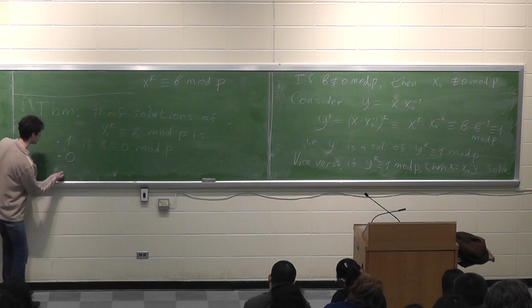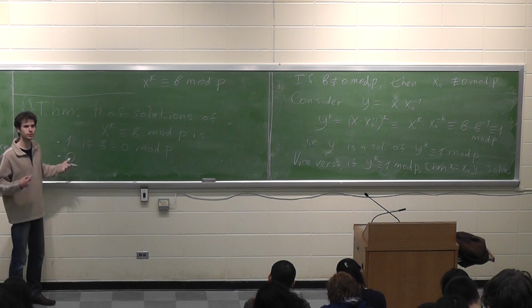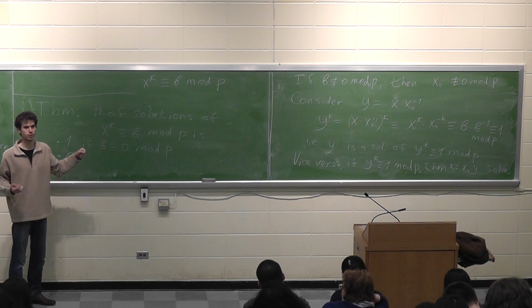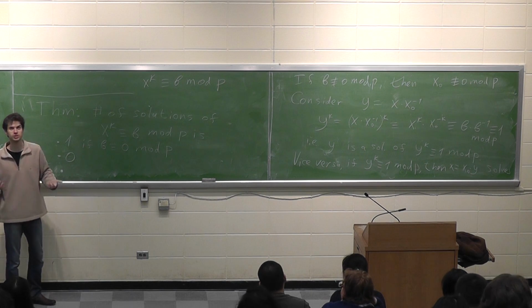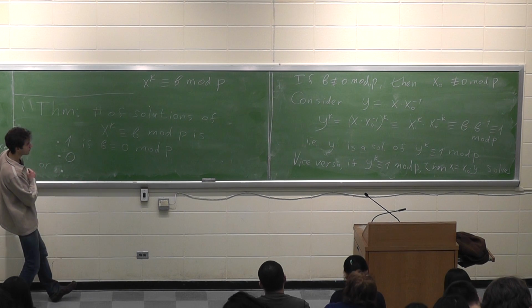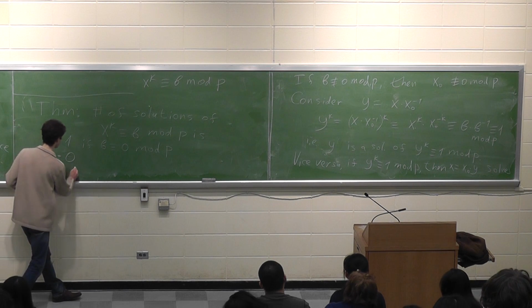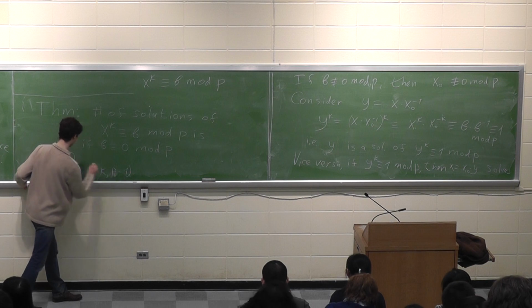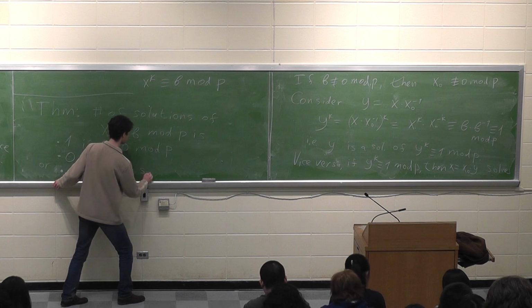And then you get as many solutions as there are roots of unity of order k. How many are there? Well, we just computed this number. It is GCD of k and p minus 1 solutions.